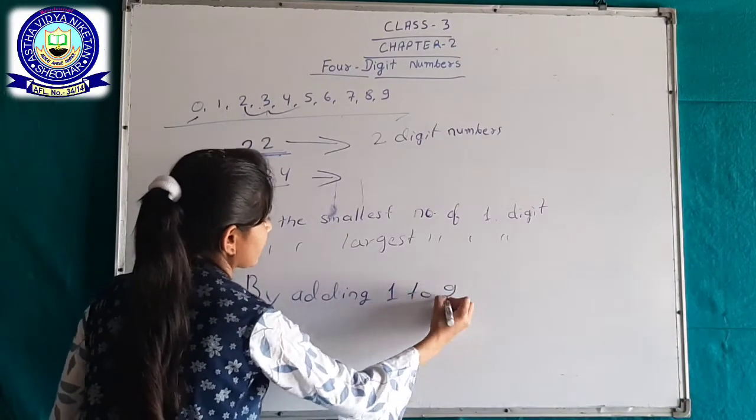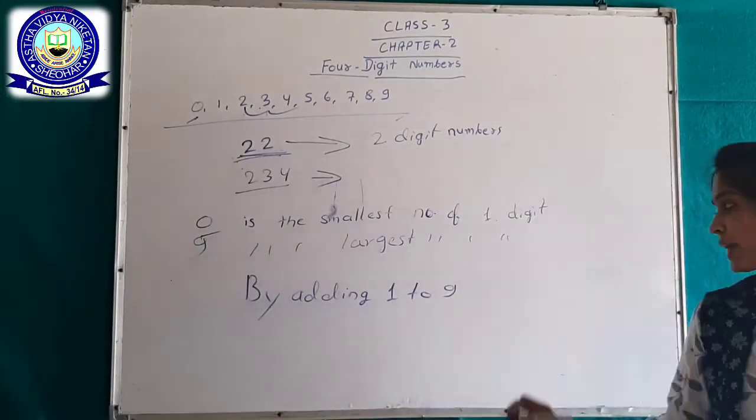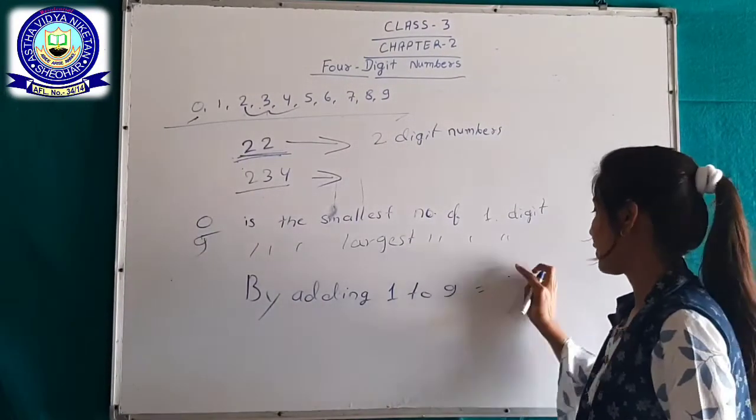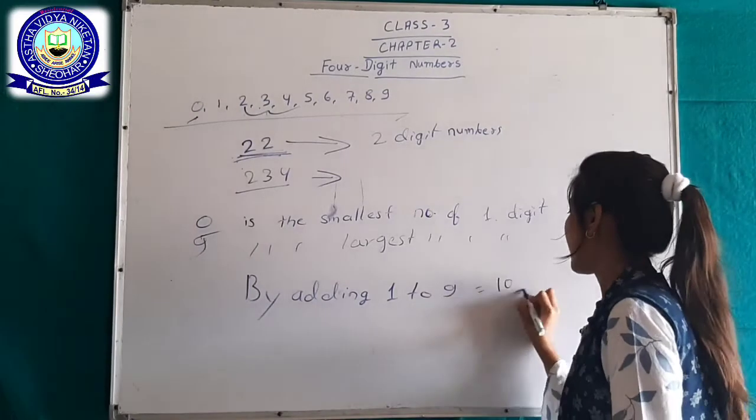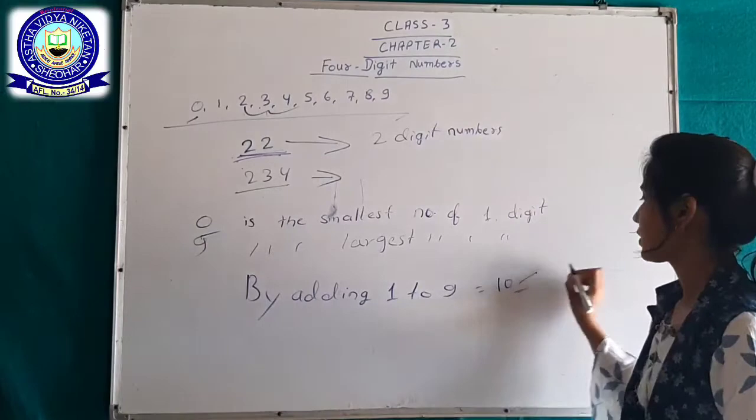When we add 1 to 9, we get 10. And this 10 is the smallest number of two digits.